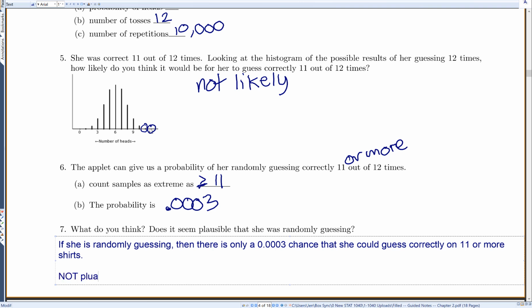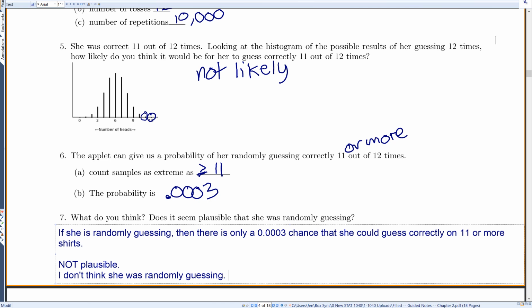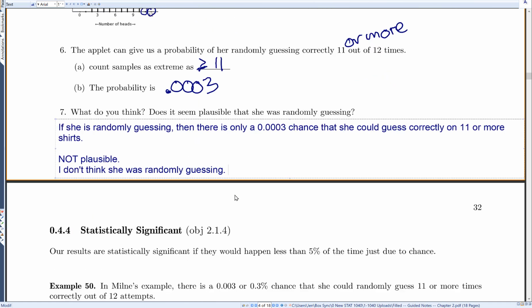So this is not plausible. So I don't think she was randomly guessing. I think she probably must be able to smell the shirts, or something else might be happening depending on how well the study was designed, but she was not randomly guessing.